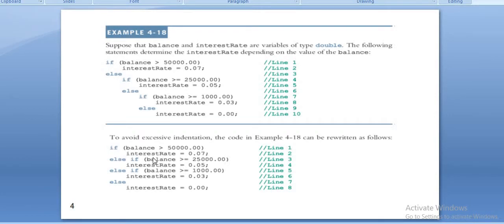This is the same thing over here, and both the keywords are written in the same line. This if is written with this else. It makes no difference in the output, but it will simplify the number of lines written for your program.